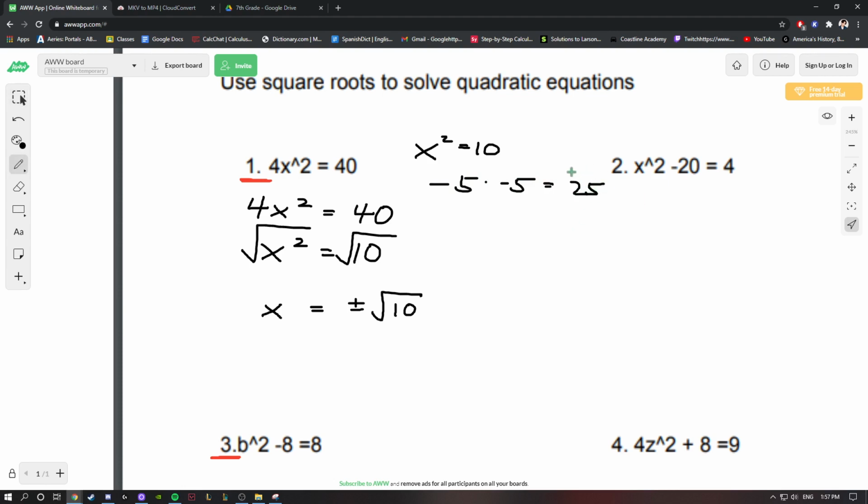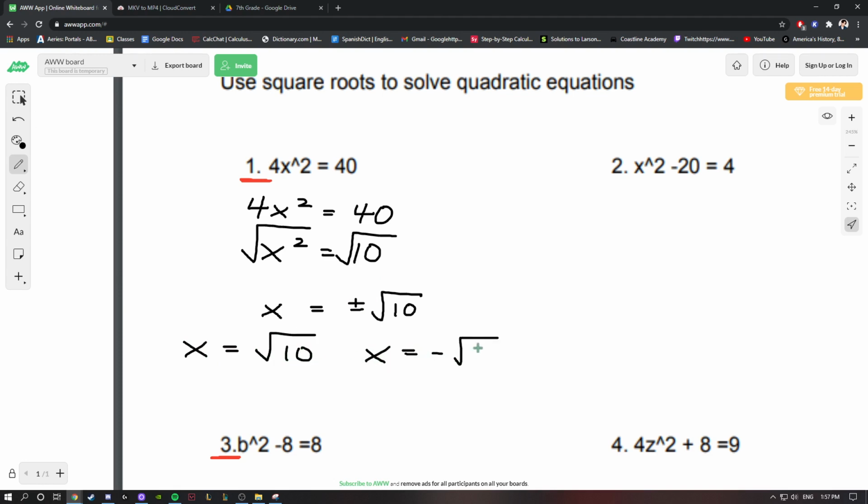That's just an example to show that even negative numbers can be in our solutions. So in this case, it'd be plus or minus square root of 10. Meaning basically, one of our solutions is positive square root of 10, and one is negative square root of 10. Because when we multiply each of these by themselves, we'll still get positive 10.